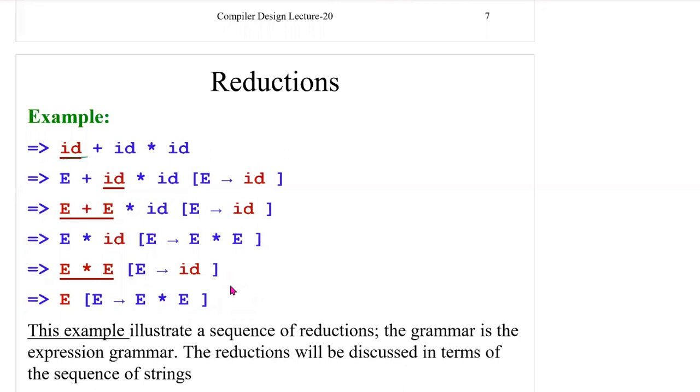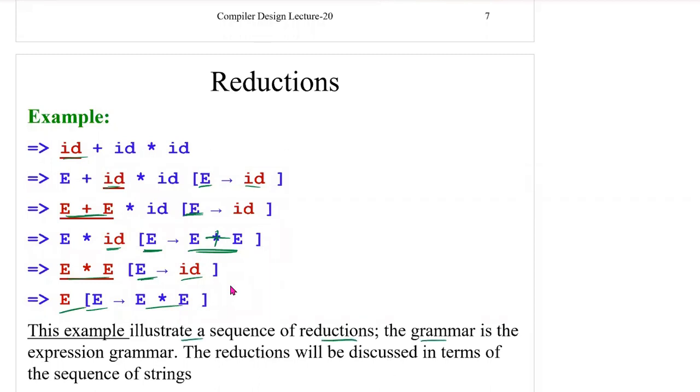Now here id is substituted with its header, that is E. Next id is substituted with its header E. Now E plus E is the right sentential form, that is substituted with head E. Then again the next id is substituted with its header E. So then E into E, this body is substituted with its header E. So E. This example illustrates a sequence of reductions.